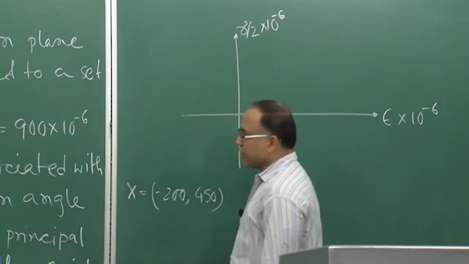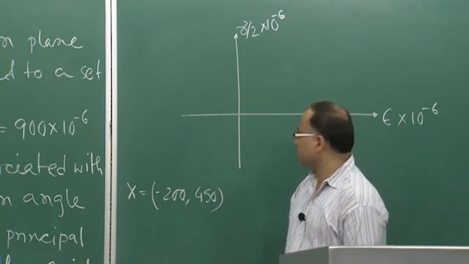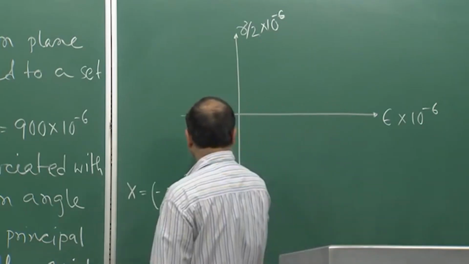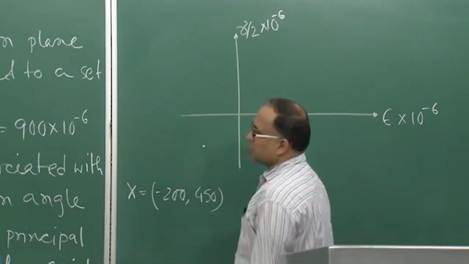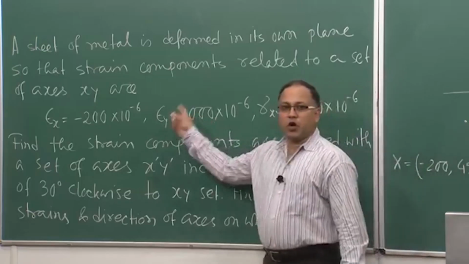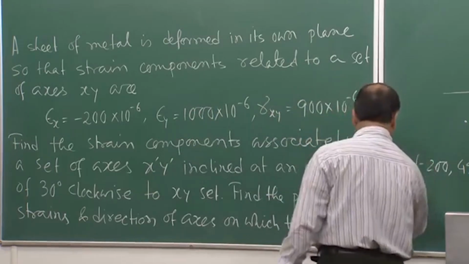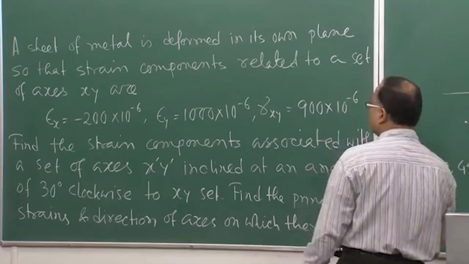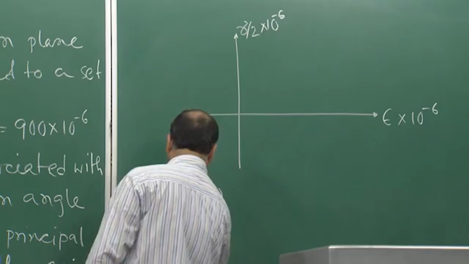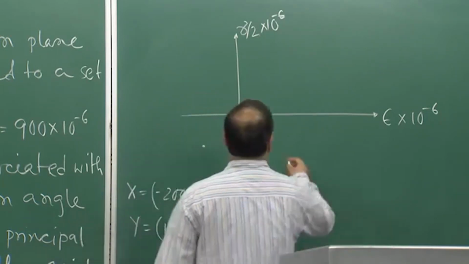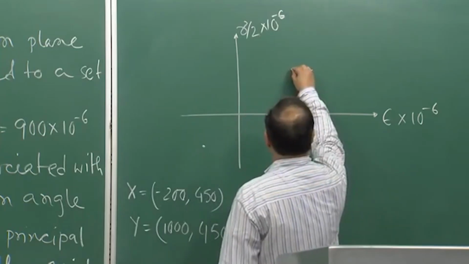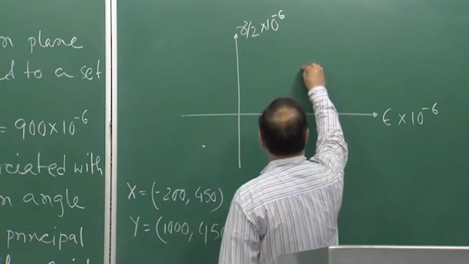So, this is the coordinate of x point. So, somewhere it will be coming like this, okay. Say it is here. Similarly, we can plot y point whose coordinates are 1000 and 450, okay. So, maybe it is coming somewhere here.